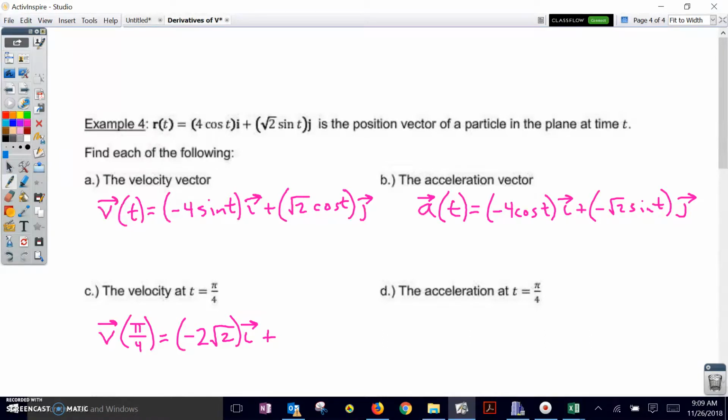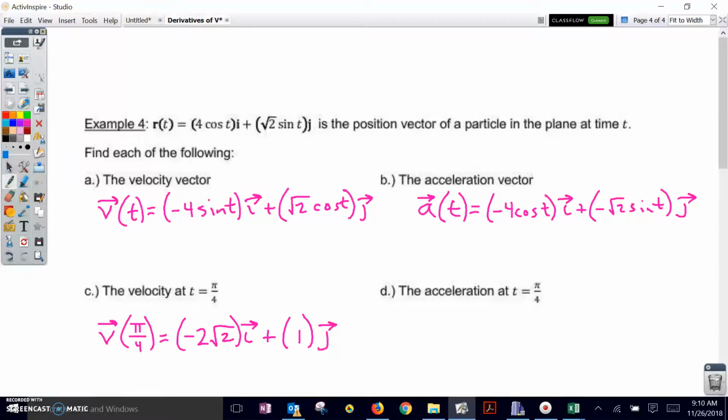And the cosine of pi over 4 is root 2 over 2. So we've got root 2 times root 2 over 2. That's just going to be 1 j. And I don't need to write that 1 there. I could just write a plus j on the end there. But there's the velocity vector at time pi over 4.